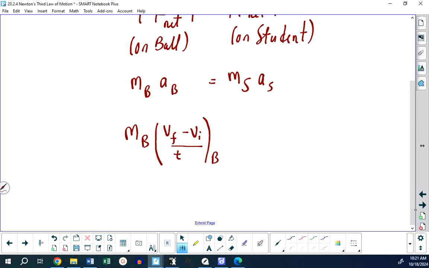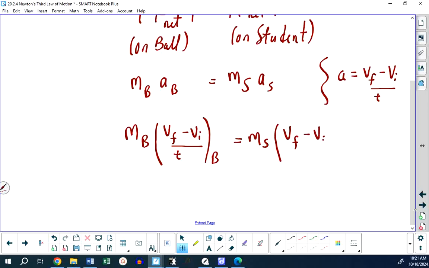That's how we find acceleration, right? I'll just write that on the side here. Acceleration is change in velocity over time. I'm just doing a substitution, right? Any place I see A, I can put this thing in. And now I have equals the mass of the student times (VF minus VI) over T of the student.